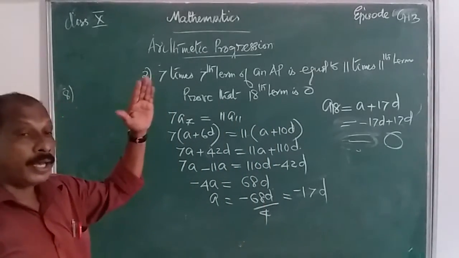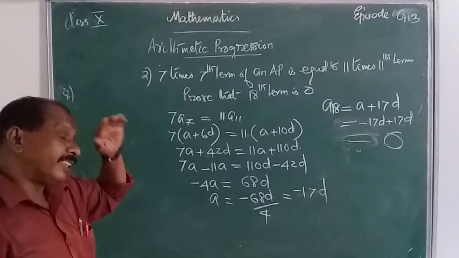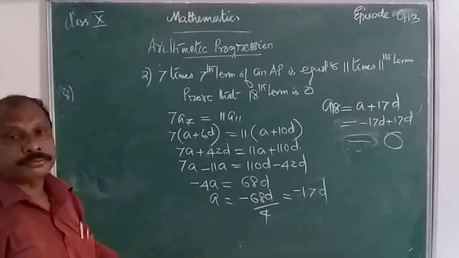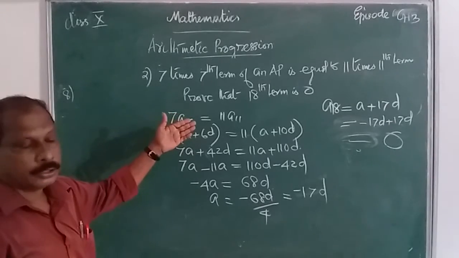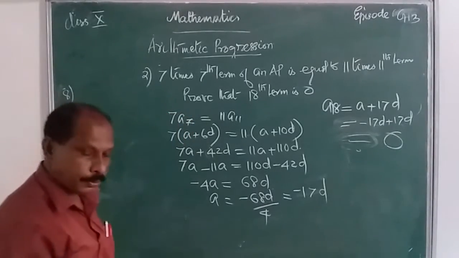That means, using that general problem, we can construct any type of problems such that the sum of the suffixes is equal to the term, and the term whose suffix is the sum is 0. Clear?